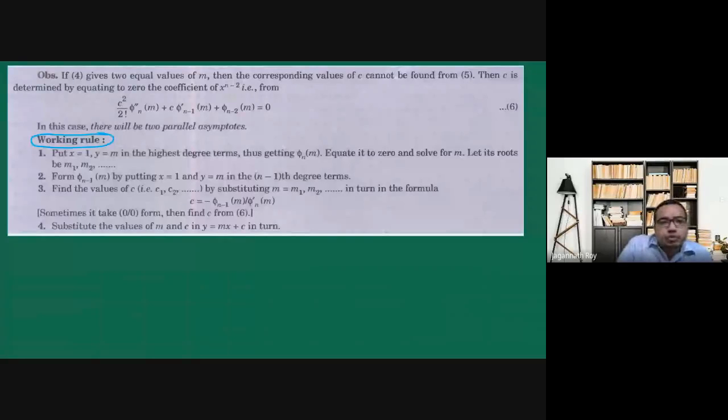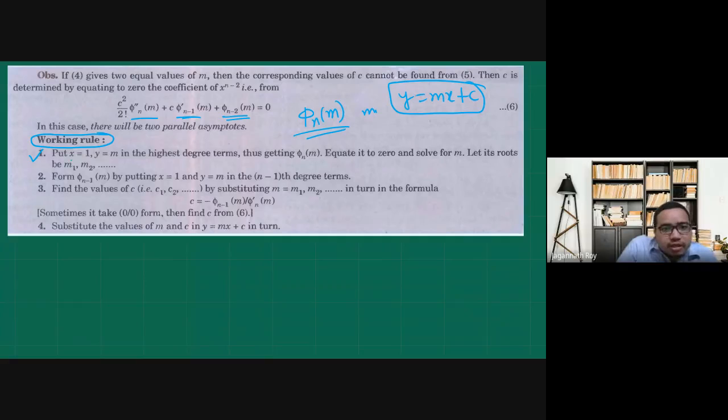We have to find some function phi n of m, a polynomial in m, because y equals mx plus c is our target, the inclined asymptote. We put x equals 1 and y equals m in the highest degree terms.